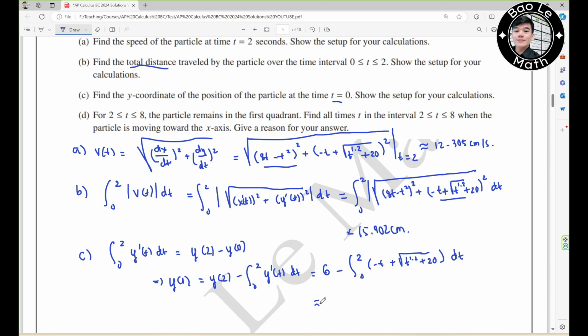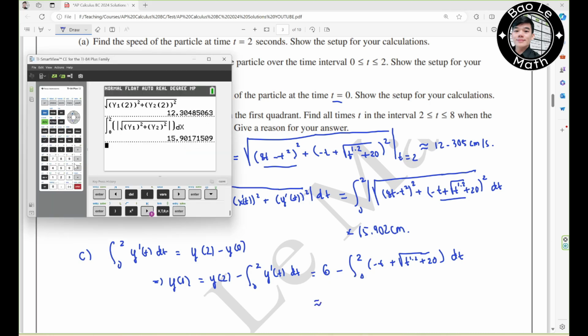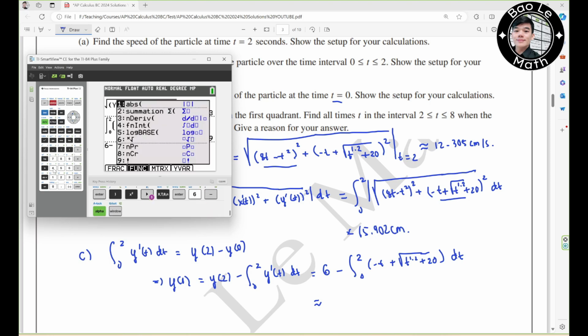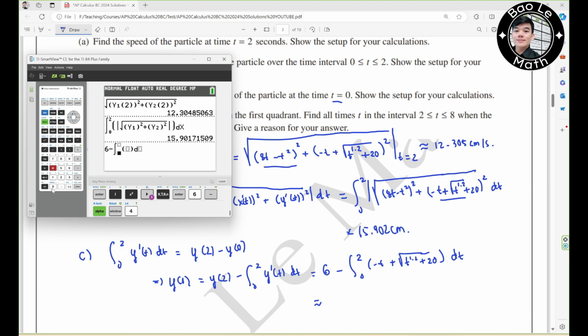Alright, now we bring up the calculator. So we hit 6 minus integral, so alpha window number 4, integral from 0 to 2. Alright, parenthesis.